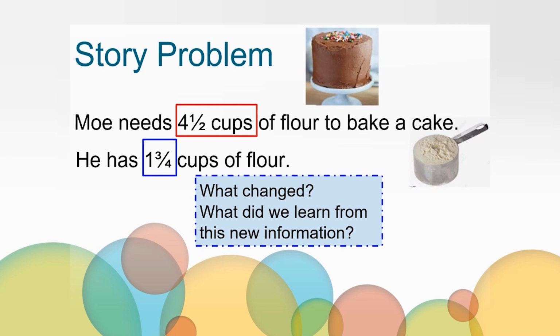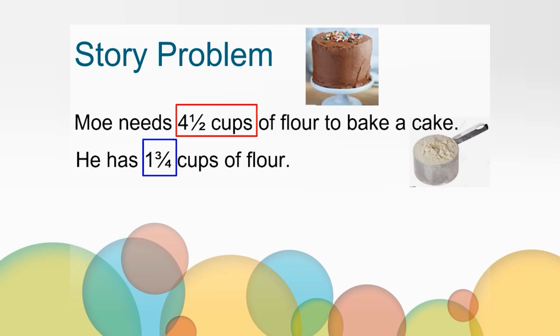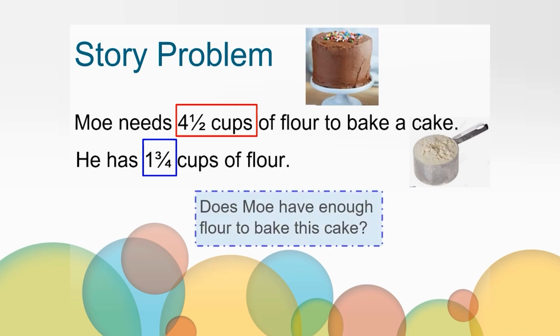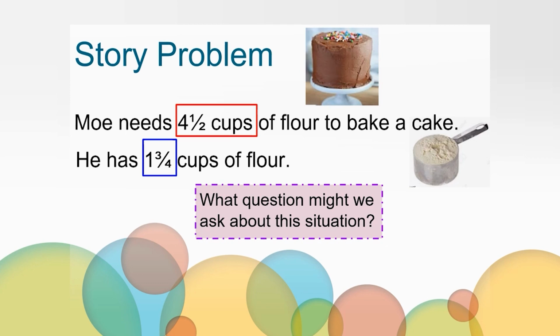Okay, can you imagine how much flour Mo has? 1 full cup and then 3/4 of another cup. So we know that Mo has 1 3/4 cups of flour and he needs 4 1/2 cups of flour. Does Mo have enough flour to bake his cake? How do you know? What question might we ask about this situation?